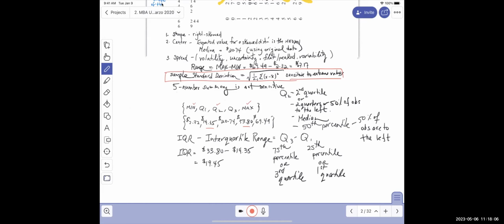So $19.45. So this is how much of the data falls in this range between the 75th and the 25th.